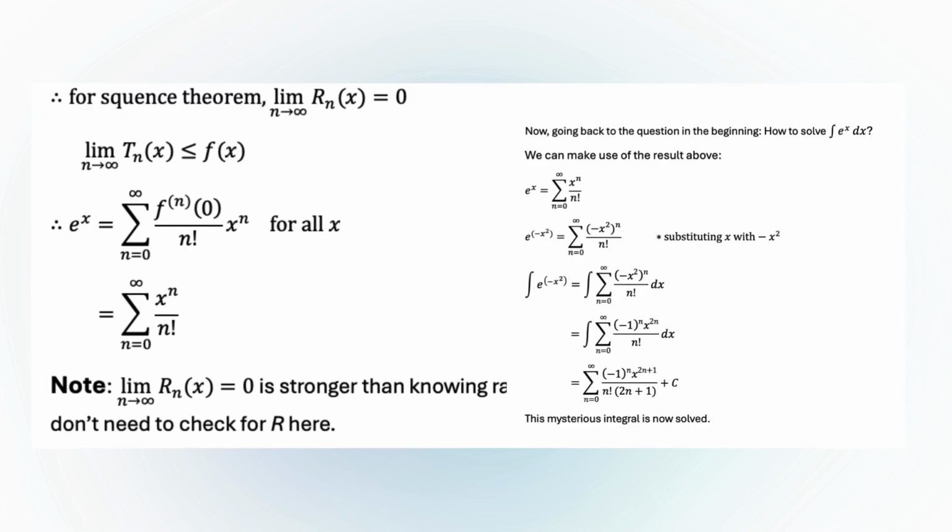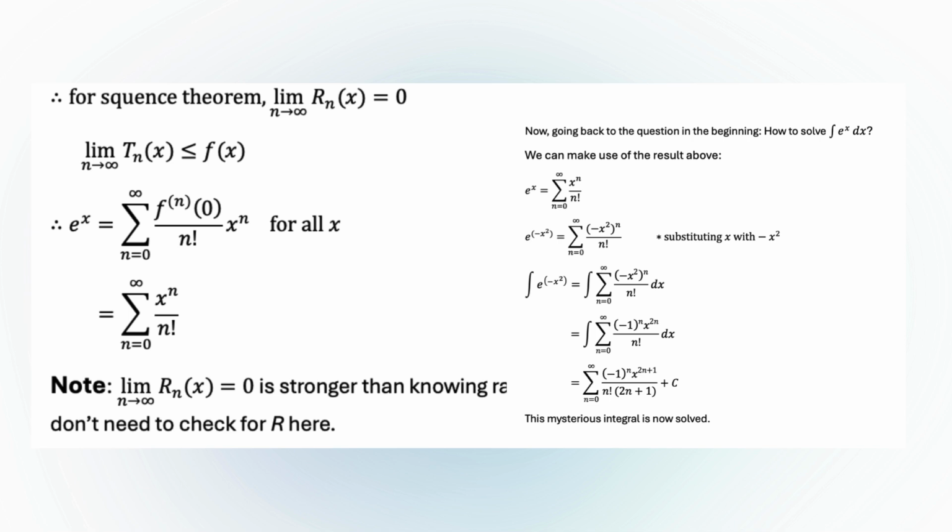Since the remainder goes to 0, we conclude that the limit of T sub n of x, the Taylor polynomial, equals f of x. And since this holds for every x, we now know that e to the x equals the sum from n equals 0 to infinity of the nth derivative of f at 0 over n factorial times x to the n.